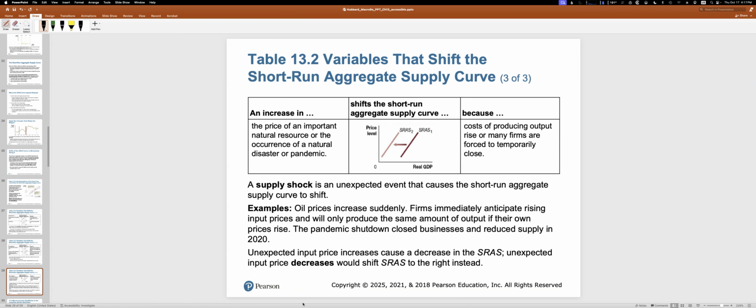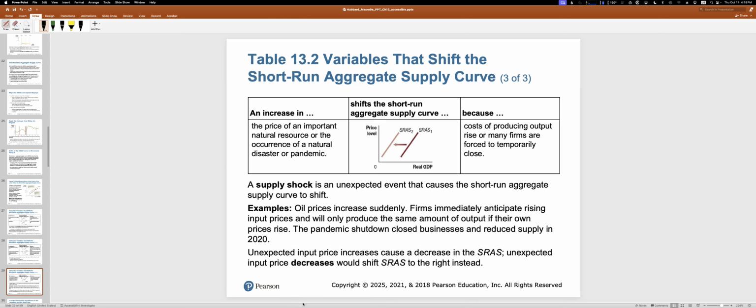A final thing that can shift the short-run aggregate supply curve would be a shock. COVID is a perfect example of a shock to the short-run aggregate supply curve. Other things would be like a freeze, a weather event, a sudden change in oil prices, a war.